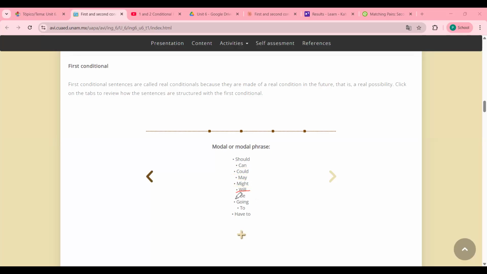Will, be going to or have to. In present. Okay. Example.